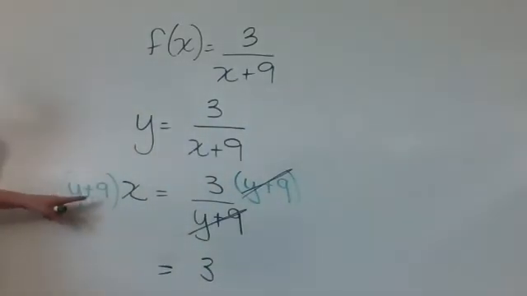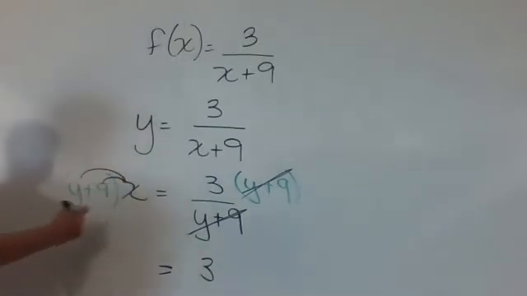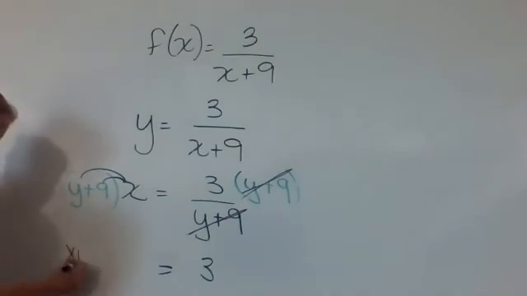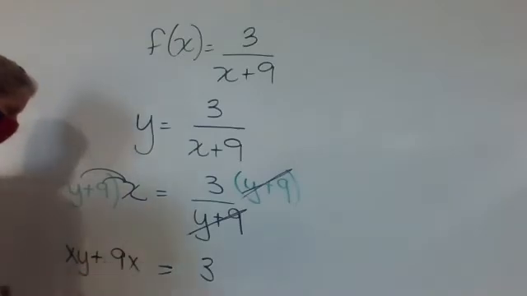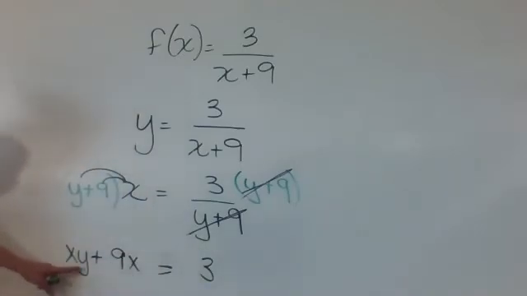Now, over here, this y plus 9 goes with this x, right? This x is bumping up against it, which means I do need to distribute it. So when I multiply x times y, that gives me xy, plus x times 9 is 9x. So now here's the y that I'm trying to get by itself.